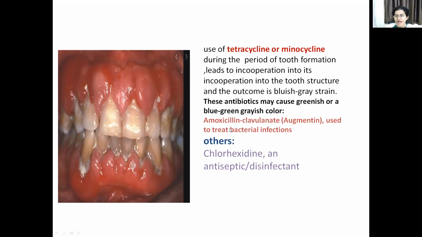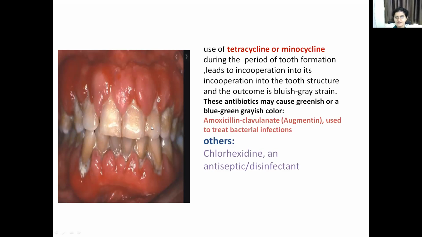Amoxicillin and clavulanate combination, that is Augmentin tablet, which is used to treat bacterial infections, and the mechanism is not known. And others: chlorhexidine, which is an antiseptic mouthwash. So those drugs can also cause this bluish gray stain of the tooth. So one is tetracycline, minocycline, next is amoxicillin clavulanate, that is Augmentin, and others can be chlorhexidine, which is an antiseptic.